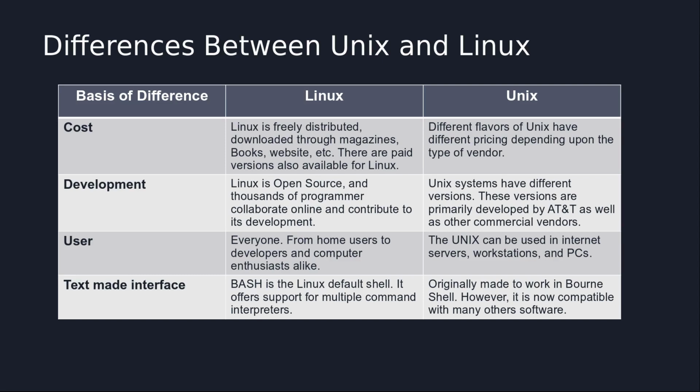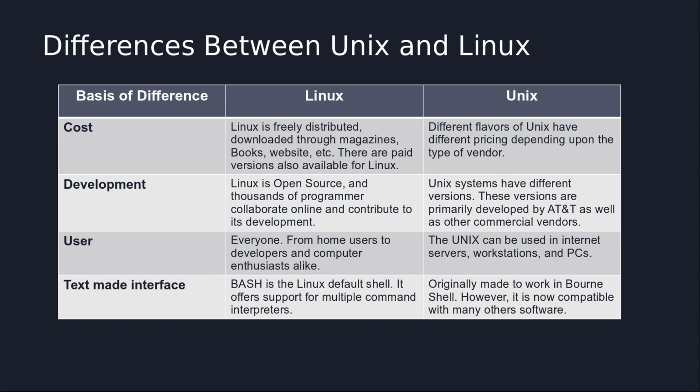For development, Linux is open source, and thousands of programmers collaborate online and contribute to its development, whereas Unix has different systems and different versions. And these versions are primarily developed by AT&T as well as other commercial vendors.